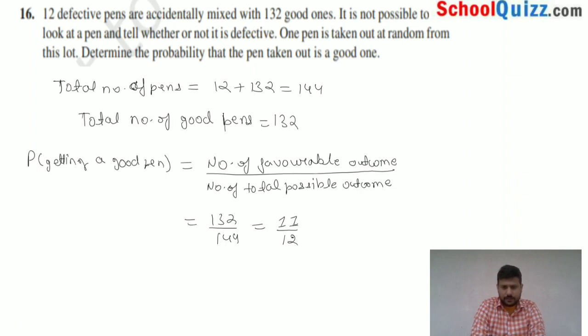So 11 by 12 is the probability of getting a good pen. This is all from this question. Let's proceed to the next question, that is question number 17.